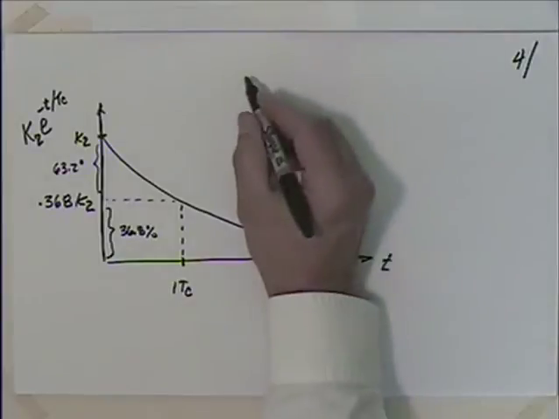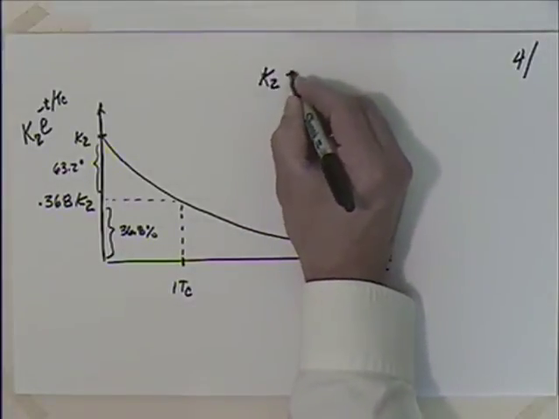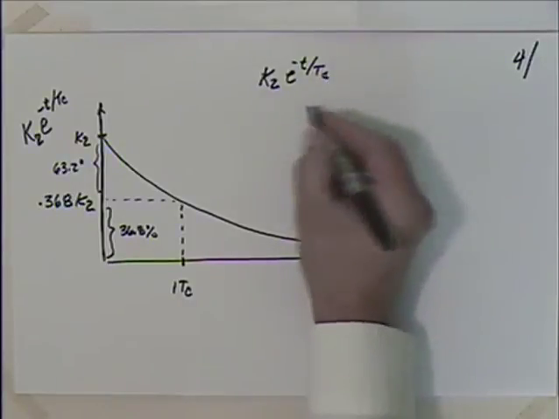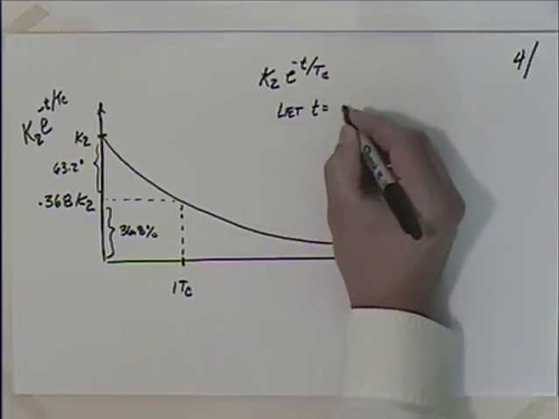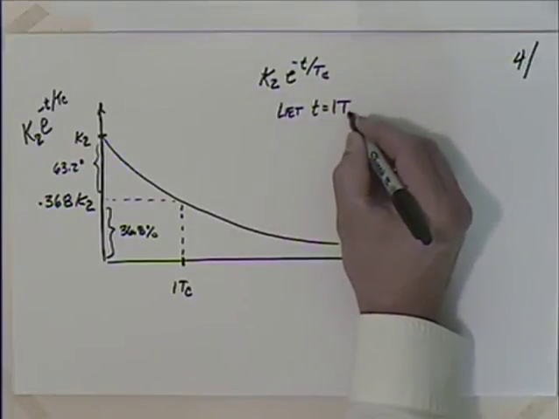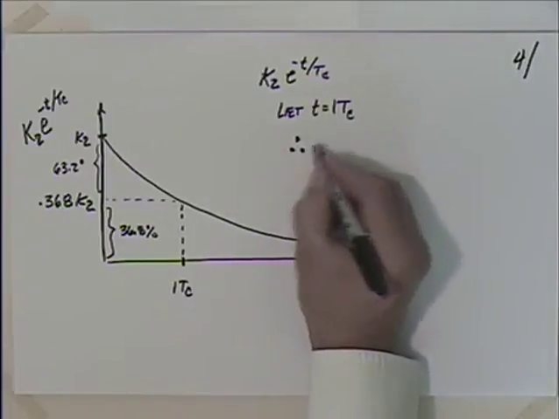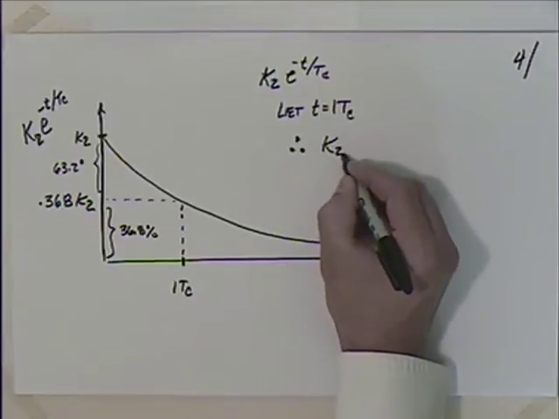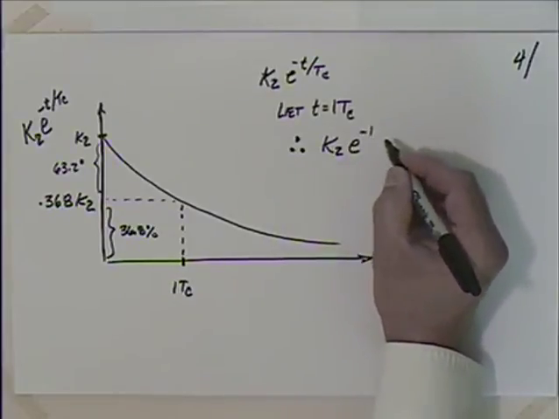Well, let's go back and look at our expression. K2 e to the minus t over the time constant. And we're going to let t equal 1 time constant. Okay, so if I do that, then I can say that we have K2 e to the minus 1, right?